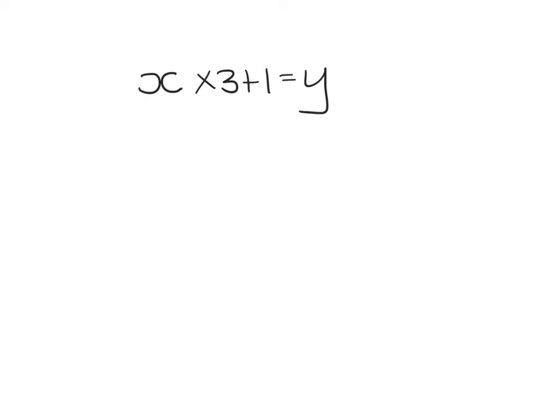And then when it comes to our algebra rules, do you remember that you don't have to always write a times? If a number and a letter in algebra are right next to each other, it means you must times them by each other. So this would then be, let's first just put them together. x3 plus 1 equals y.